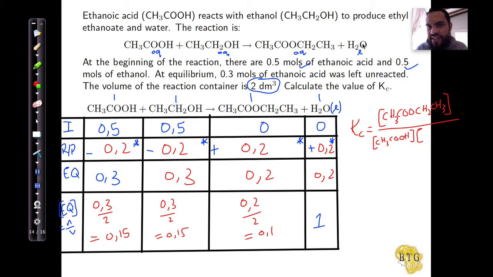And you see I've left out the H2O because it's just got a value of 1. In this case, for the sake of the formula you can write it in. This one over here has CH3CH2OH.